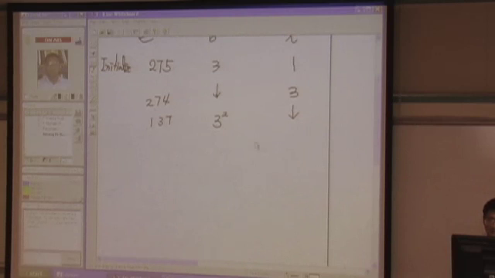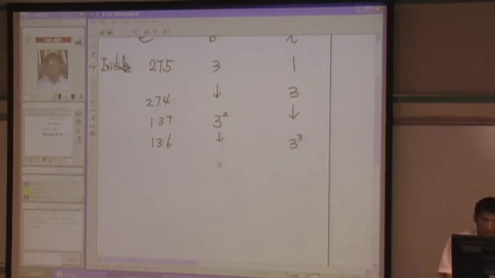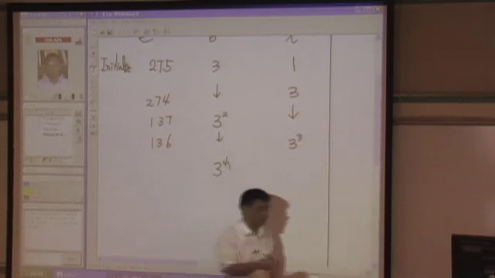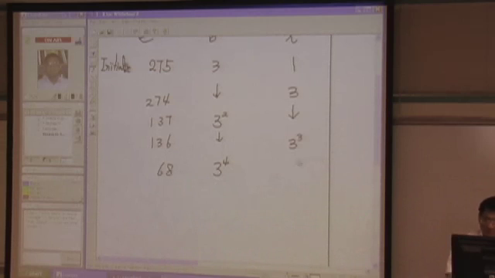Because it's odd, I should multiply these two numbers, then 3 to the power of 3, right? I should multiply these two numbers, and then I should reduce this number by 1. Because this is even, I should square it. And then I should divide this by 2. 68. And this doesn't change.